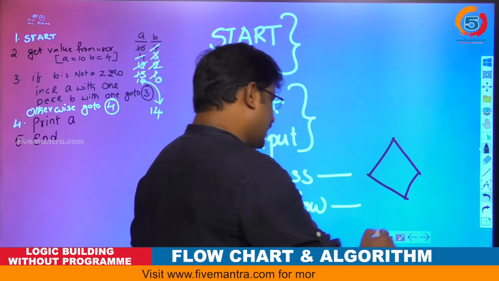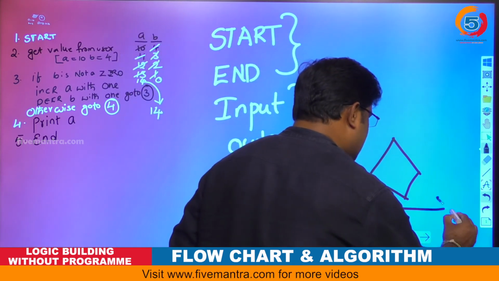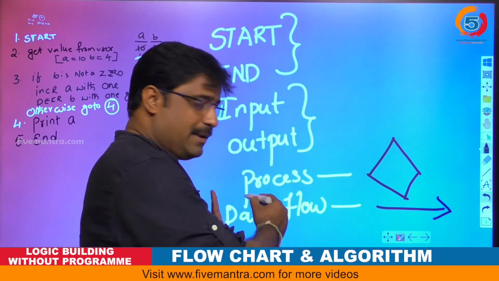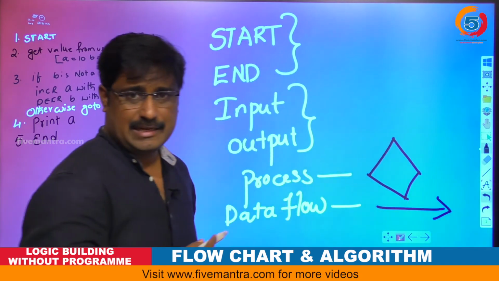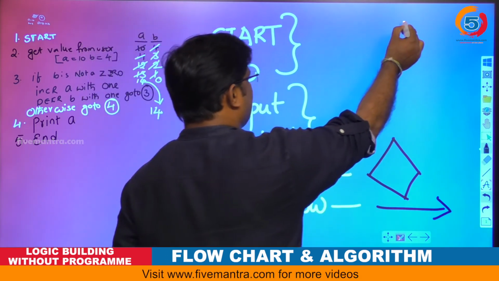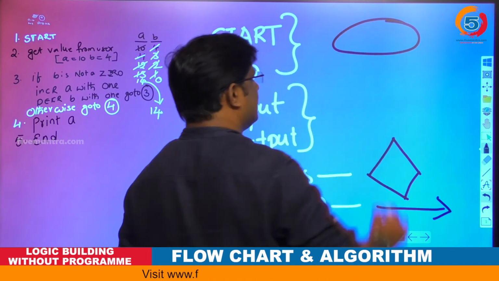The next one is the data flow, which is nothing but the arrow, meaning the data flows from this side to that side. That's it. This is the data flow diagram. Whenever I want to start, it is a simple elliptical symbol.